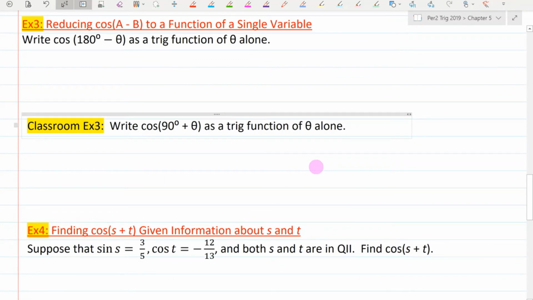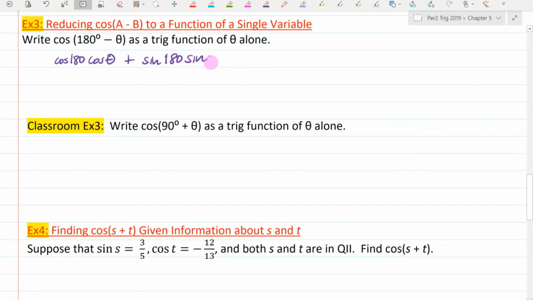For example 3, we're just going to do the trig identity for cosine of a minus b, write it out, and then simplify. So this will be cosine of 180 cosine theta plus sine of 180 sine theta. Go ahead and write that out and see what you get. Put the values underneath each one from your unit circle, work it out, and see what you get for your answer. All right.